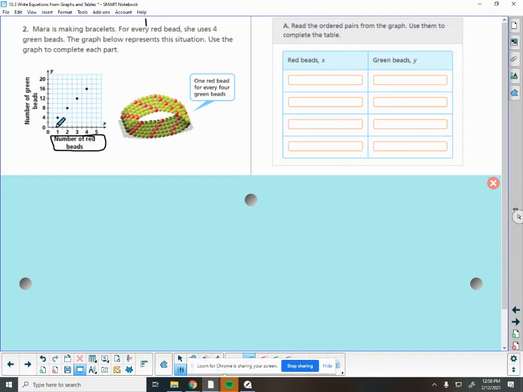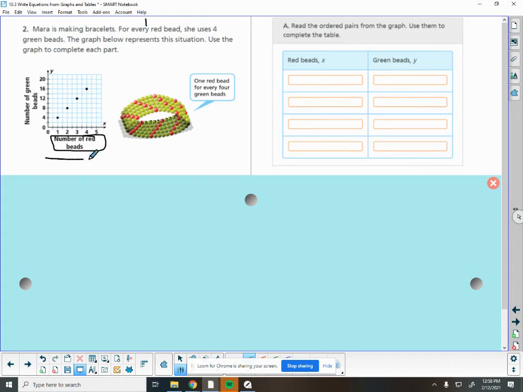We want to use 1 red bead and 4 green beads. Now, I notice these are not counting by the same scale. Here, every mark counts for a half of a bead, so we've got to go over 2 to get to a full bead. And when they're going up the Y scale, they're counting by 2, 4, 6, 8. So notice and pay attention to that. We want to complete this chart. This first one is over 1.